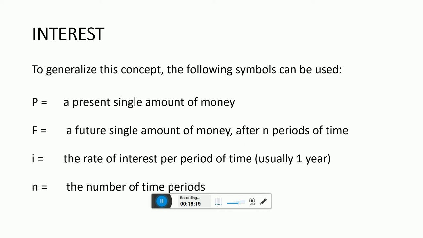The present single amount of money, like the present worth of the money, we will be denoting with P, and F would be used for a future single amount of money after n periods of time. n is the number of time periods. It can be 1 year, 2 years, 3 years. The rate of interest per period of time, usually 1 year, is denoted by i.